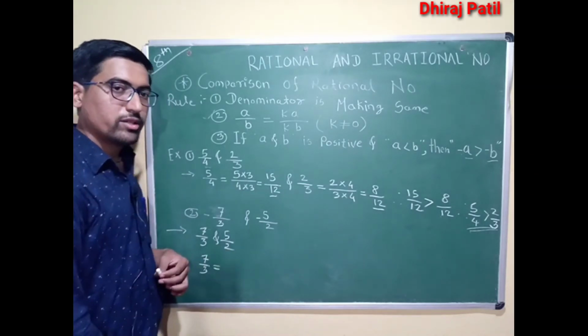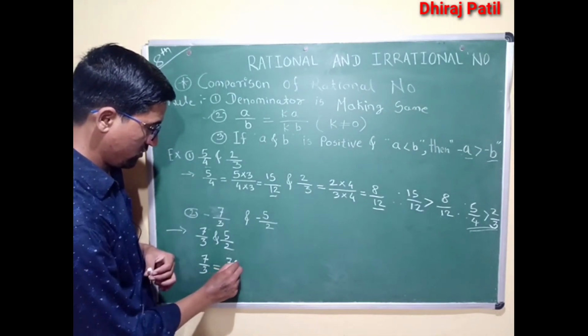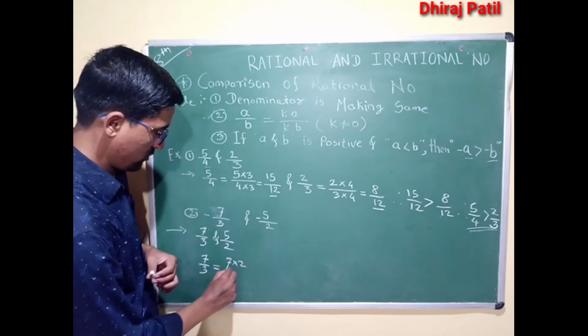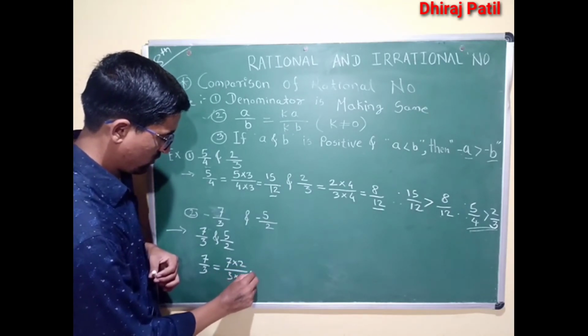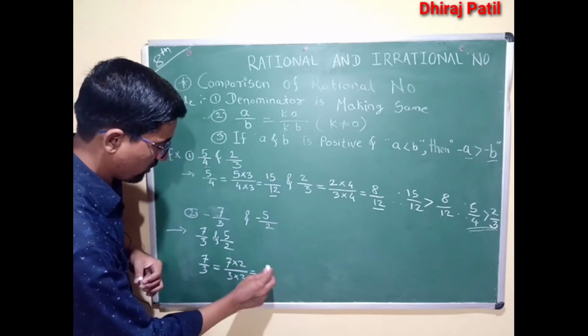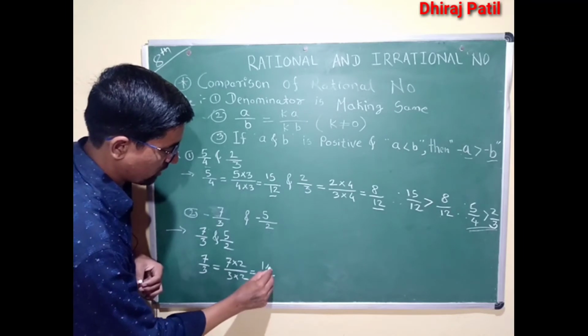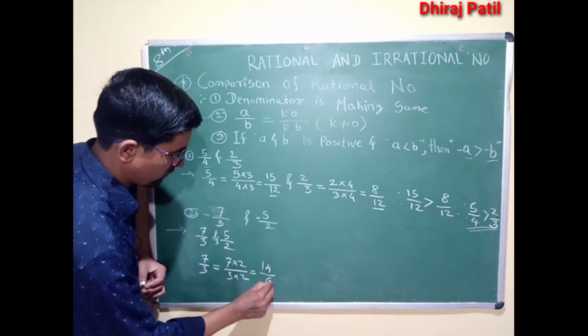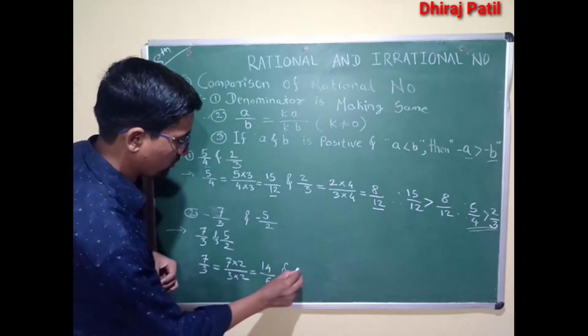I multiply by 2: 7 into 2 is 14, and 3 into 2 is 6. And our second number is 5 by 2.